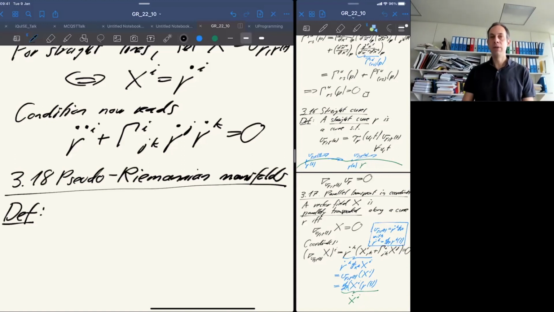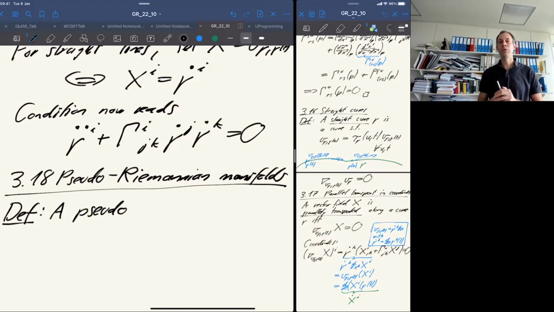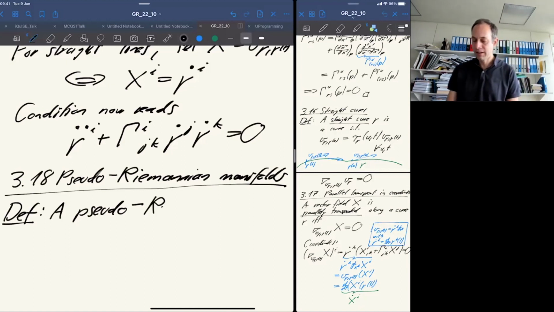It will allow us to measure distances, as I announced a few minutes ago. And distances in space-time, I think it's more useful to think actually of time. They measure, for example, proper time along a curve, so how much time passes. So whenever I talk here about distances, you shouldn't necessarily think of spatial distances.